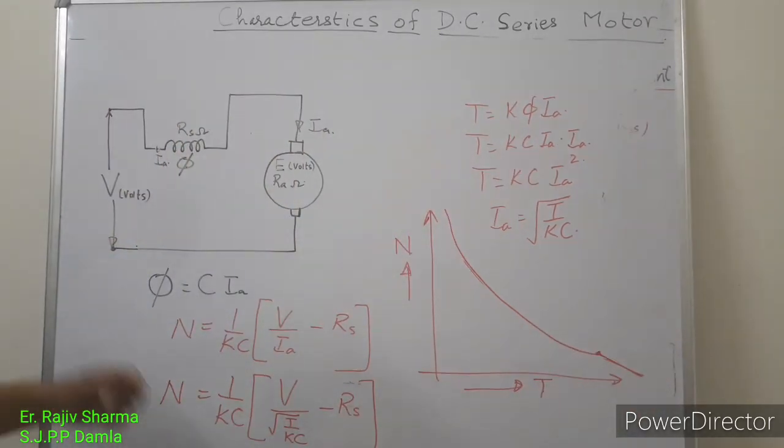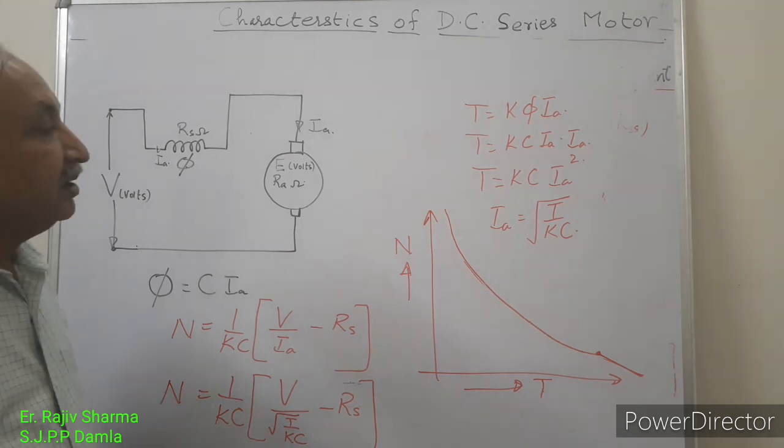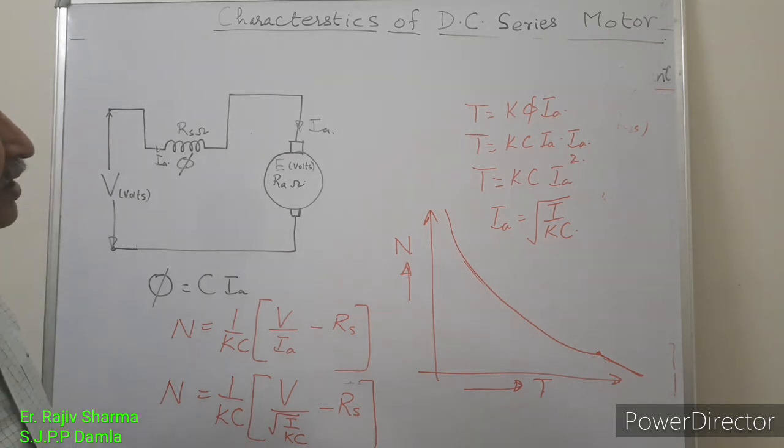So we have drawn the three characteristics. One is torque armature current characteristics. Second is speed armature current characteristics, and this is speed torque characteristics.